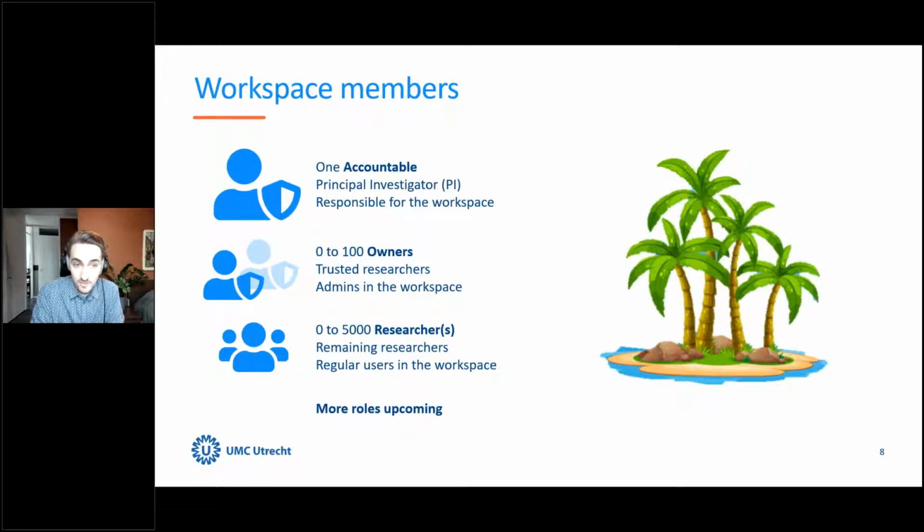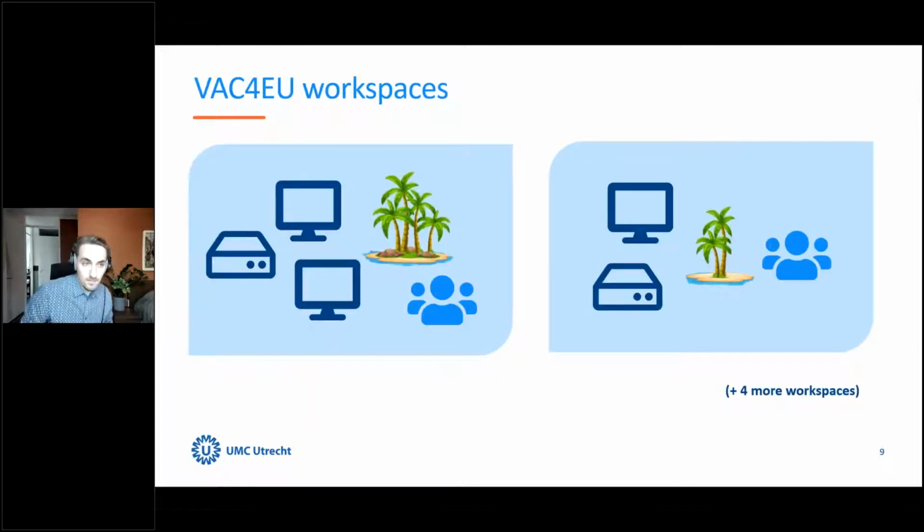So for all the Vec4EU workspaces, this would be Mirjam Sturkenboom. And then the owners, as I've told you before, are not necessarily the only trusted researchers, but those are the persons that should be performing administrative tasks within the workspace. And then the researchers, they are regular users of the workspace. So that is the distinction over there.